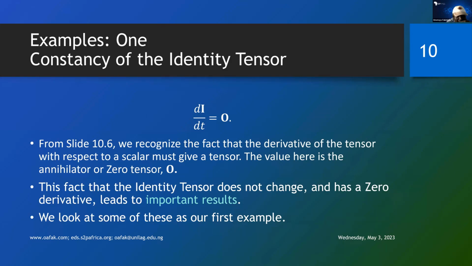The value here is the annihilator tensor or the zero tensor, because if you differentiate it, you are not going to get a scalar 0, because the differentiation of a tensor with respect to a scalar will give you a tensor. This fact that the identity tensor does not change and has a 0 derivative leads to 2 important results. We are going to look at these important results next.